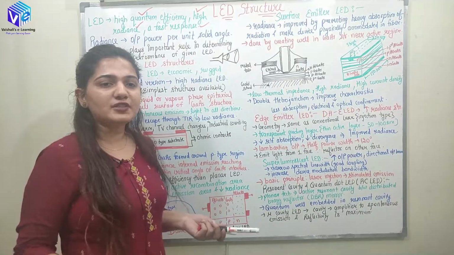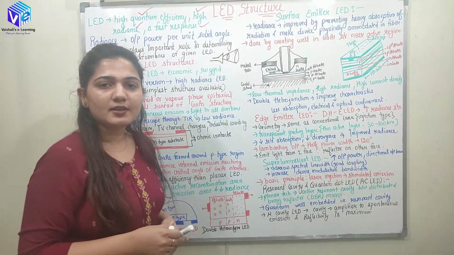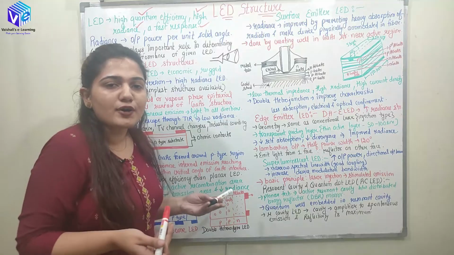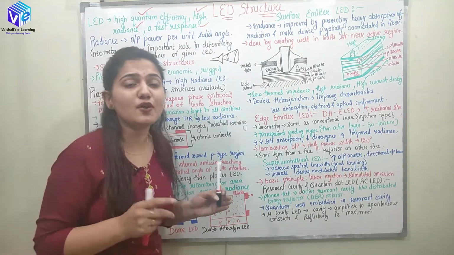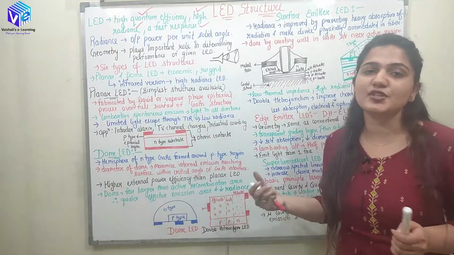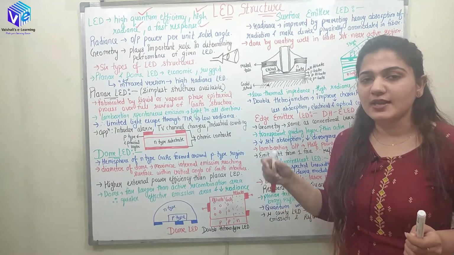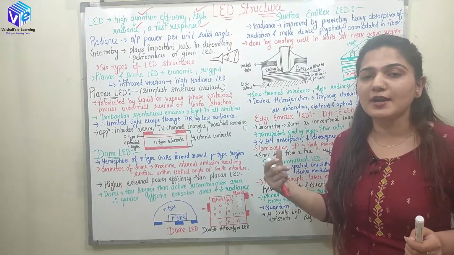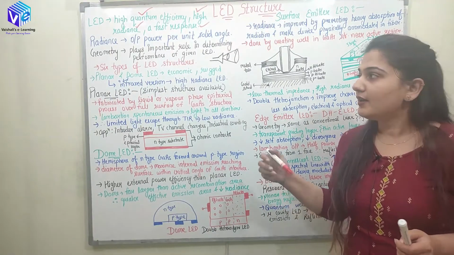Only with the help of a 3D quantity can I measure the radiance at different points. Or if I have two torches, I can measure and compare the radiance of these two torches with the help of the 3D angle, which is the solid angle. So the solid angle is a very important parameter that is used to find what kind of radiation is coming out of the given LED structure.